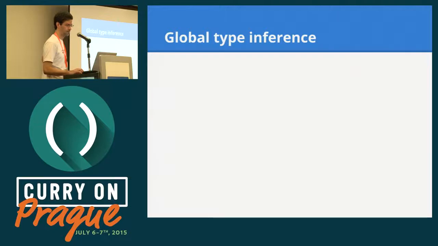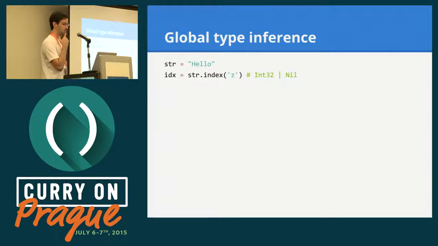So that's the basic idea of how it works. And there we go. So now let's consider this example. We have a string, and as I said before, we ask for the position of a character, so index asks for the position of a character in the string. And we set this because of how the method is implemented, it returns an integer or nil.